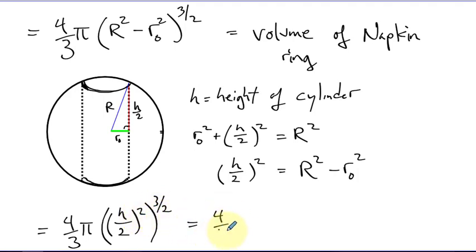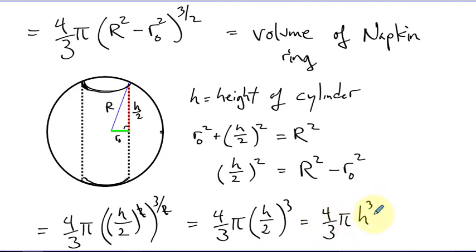So I'll have 4 over 3 pi, and then I'll get h over 2 just cubed, right, because the 2's cancel. So this becomes an 8 in the denominator, 2 cubed. We'll say 4/3 pi h cubed over 8. So that's 4 over 24. Let's do it that way. So it's pi over 6 h cubed. So that was it. That was the formula that I got previously for the volume of any napkin ring.